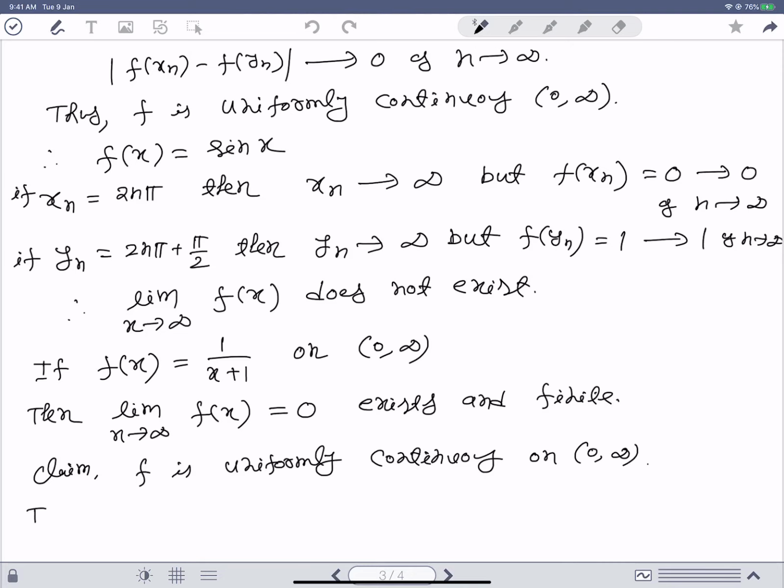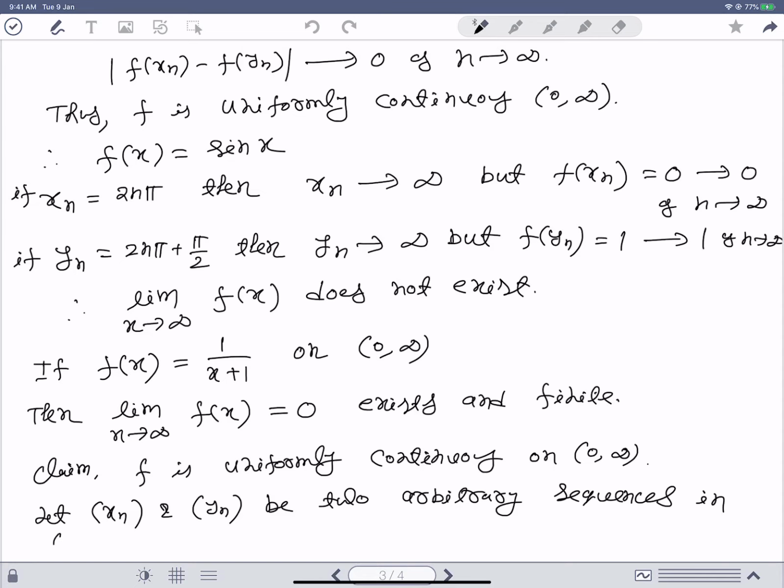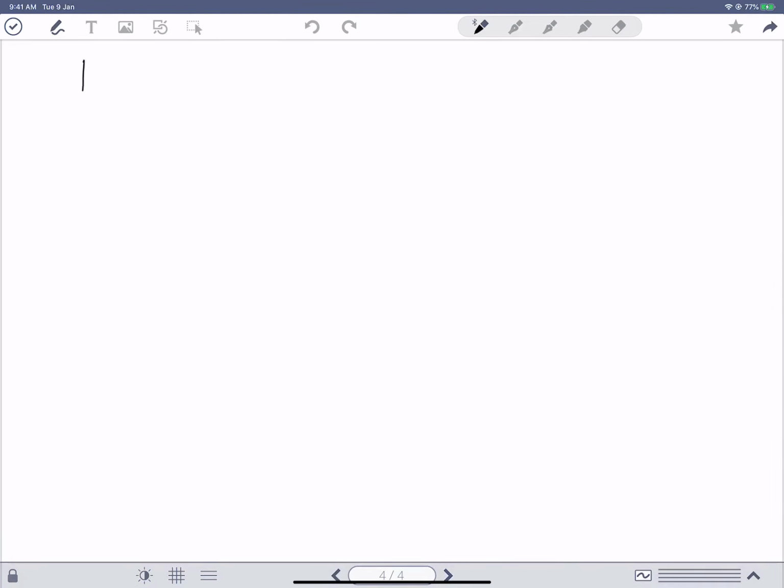Why? First of all, let xn and yn be two arbitrary sequences in the domain 0 to infinity, such that mod of xn minus yn converges to 0. Now what can we say about mod of f of xn minus f of yn?